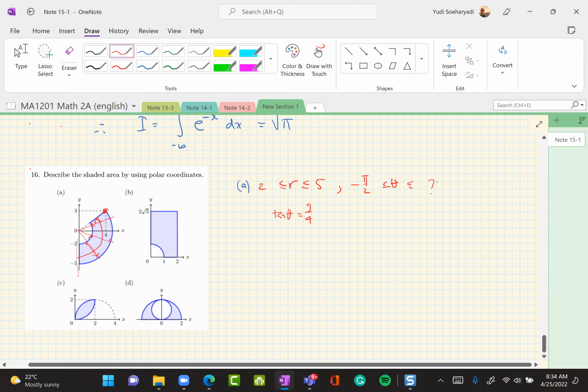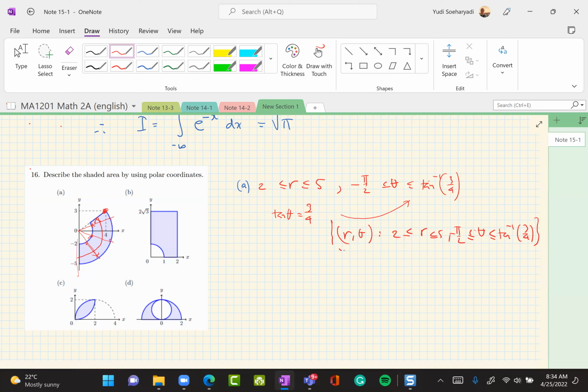So theta is arctan of 3/4 there. Okay. So that's the area. Well, r between 2 and 5, and theta from negative pi over 2 to arctan 3/4. That's all. Okay. Questions?